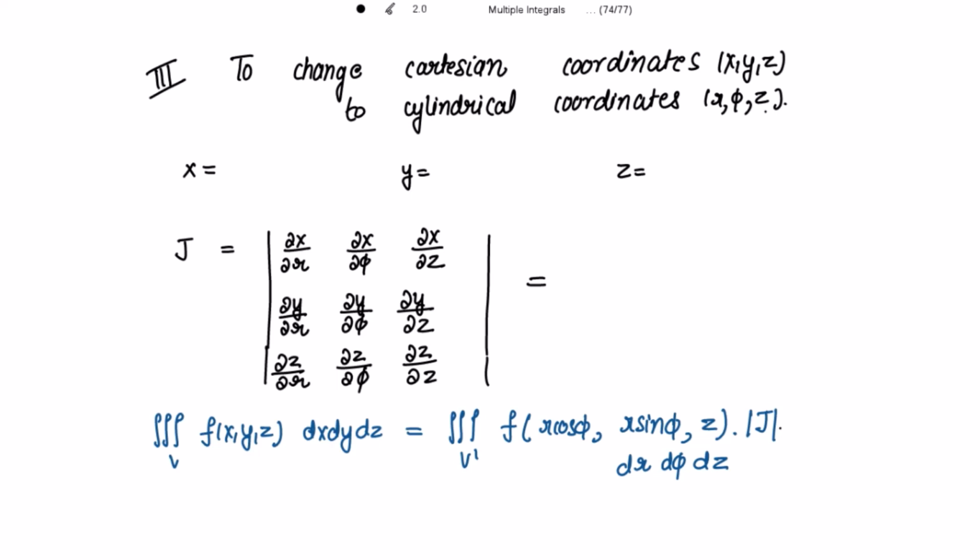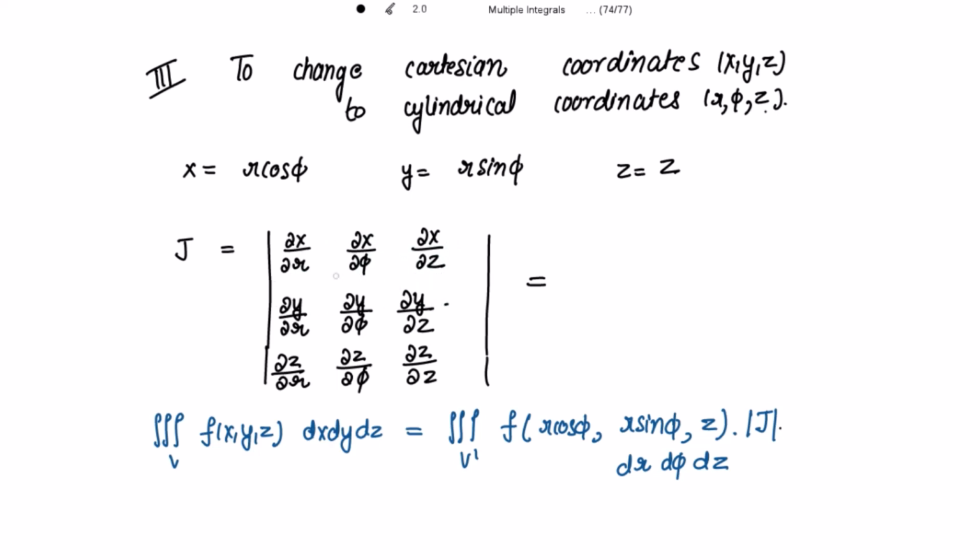Third one is to change the Cartesian coordinates x, y, z to cylindrical coordinates r, phi, z. So for this, x is r cos phi, y is r sin phi, and z is simply z. So the Jacobian is written as, for x, curly x over curly r, curly x over curly phi, curly x over curly z.